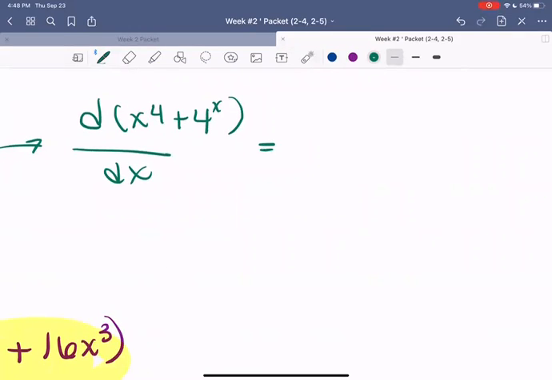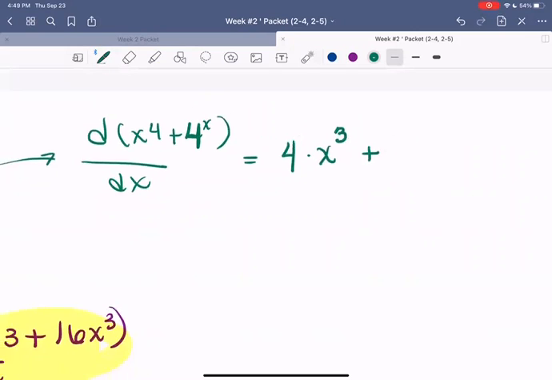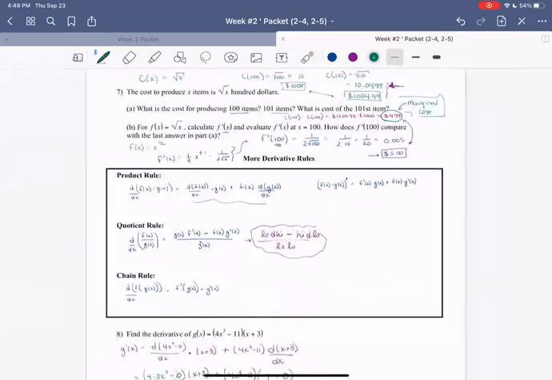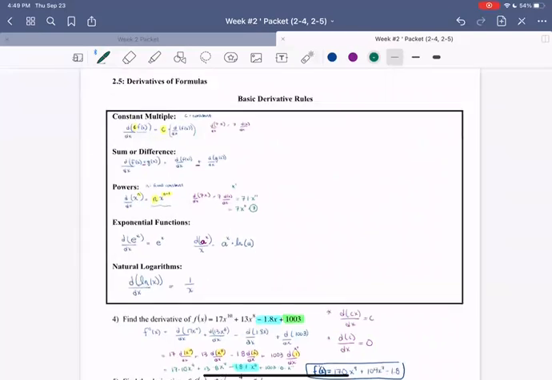For the derivative of x to the fourth, we use the power rule. The 4 comes down, times x to the 4 minus 1, which is 3. Plus the derivative of 4 to the x, where the base is a constant and x is in the exponent. These are what we call exponential functions.